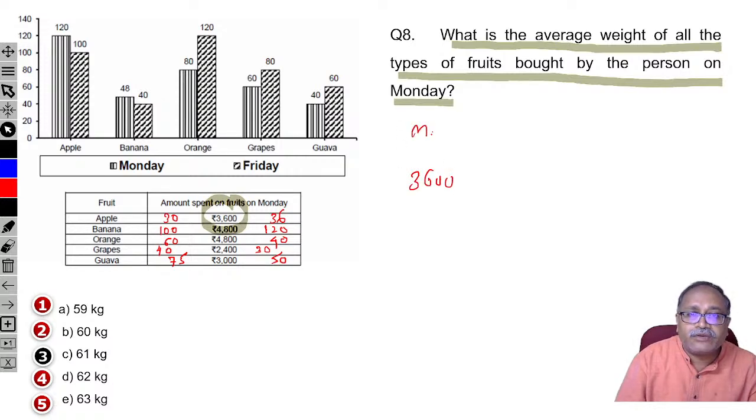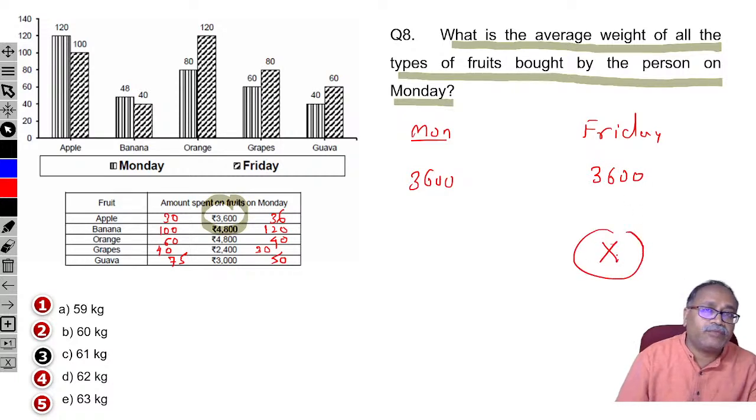This is on Monday. And the same Friday also the total expenditure is 3600. But we have nothing to do with the Friday, Aman. We have to find out the total average of the total weight. I have the amount expenditure. This is money he spent.